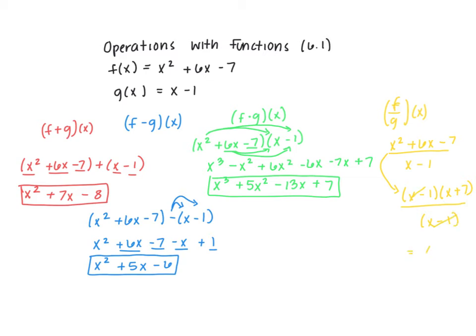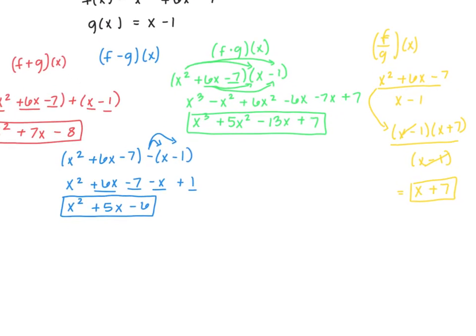And that leaves us with just x plus 7 as our answer. However, you won't always be able to cancel out anything from the top and the bottom. So I'm going to show you what that looks like when you can't do that.